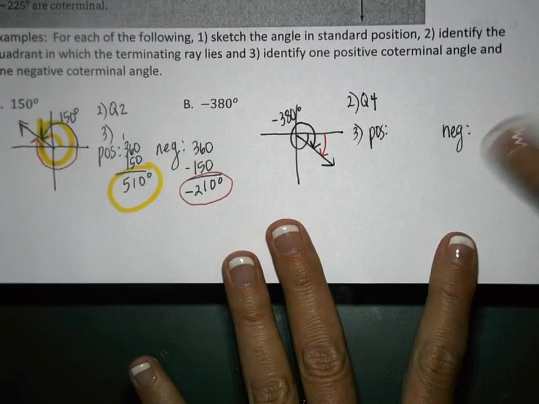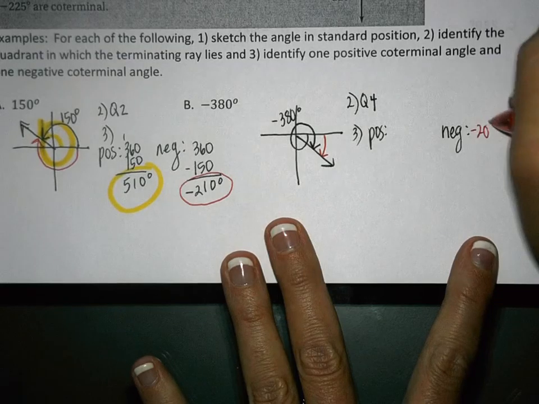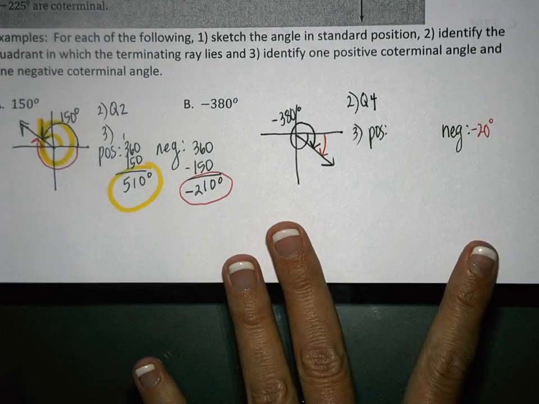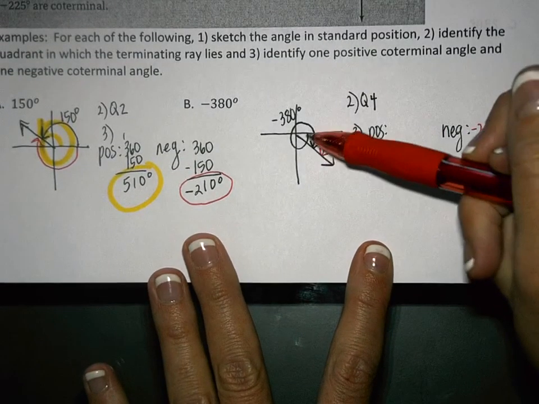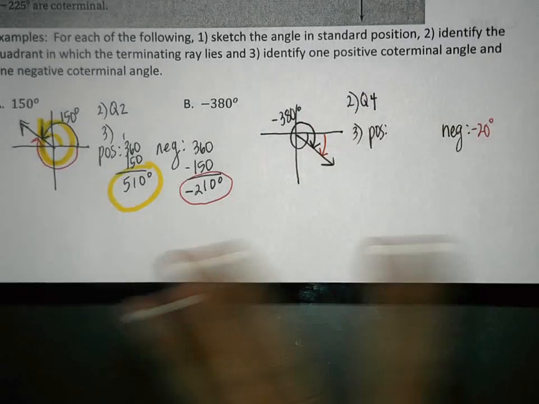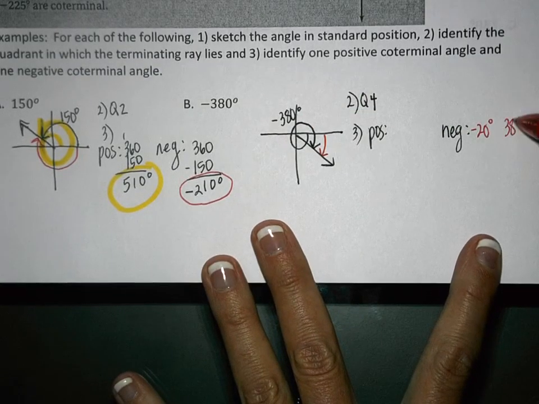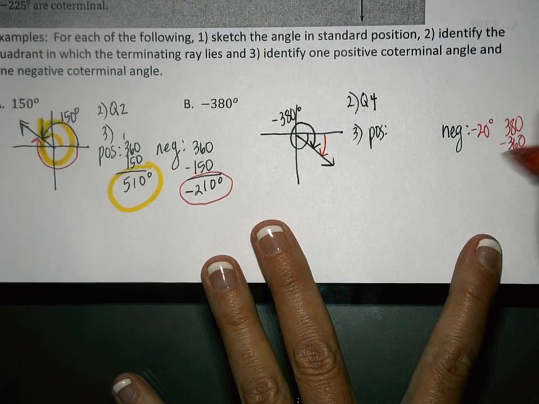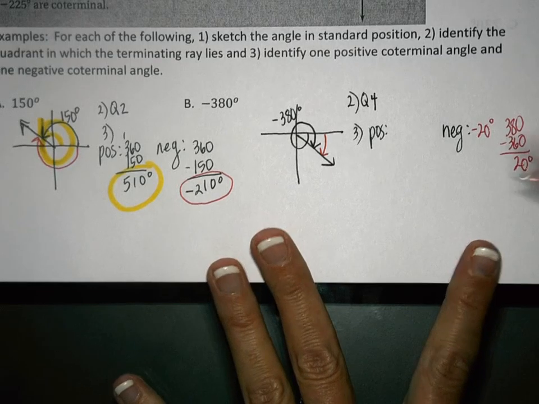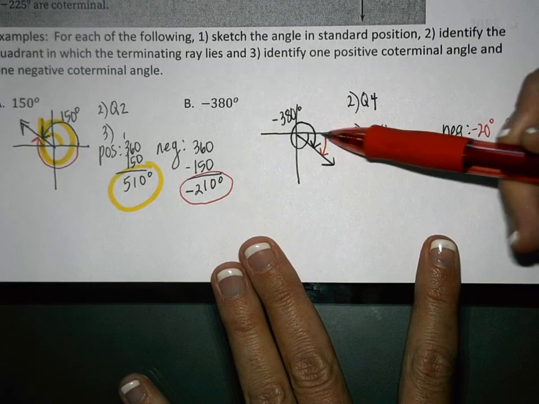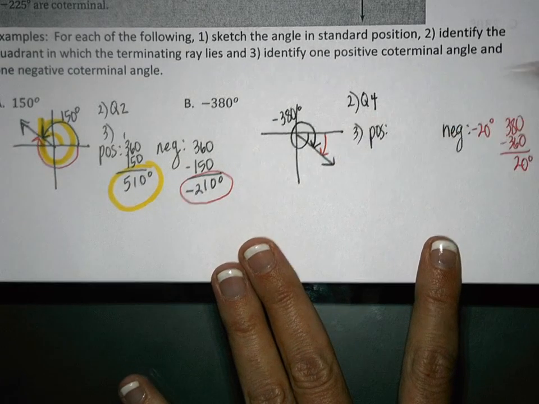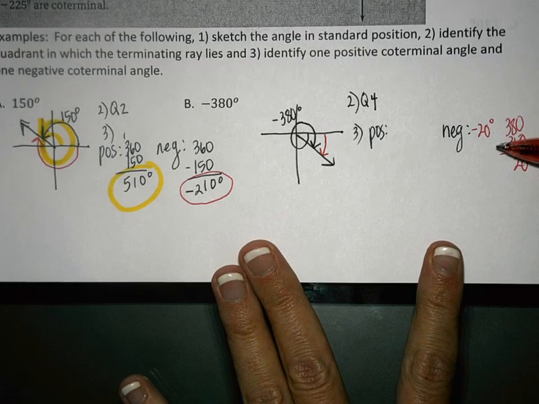Okay, so negative 20 degrees is a negative coterminal angle. We know that 360 is the whole thing, and so if you took 380 minus 360, we get 20 degrees. This is going down an additional 20 degrees, which is how I could just go negative 20 degrees for my coterminal angle.